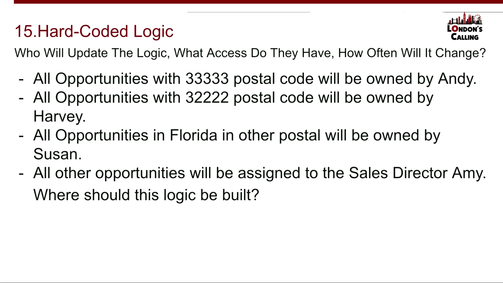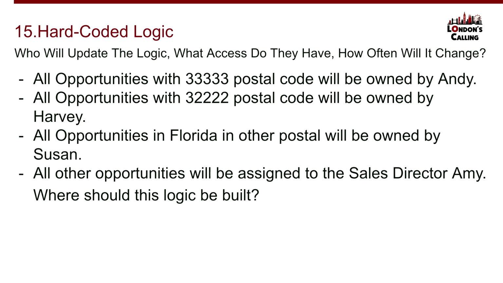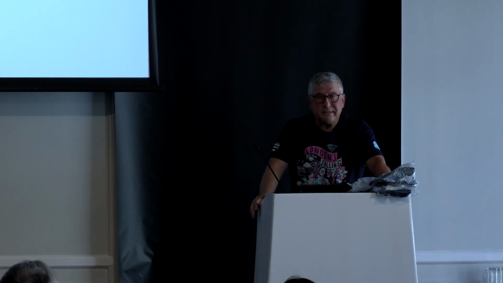Now, this is an important one. Let's have a discussion on this one. Sometimes you have logic that can and will be updated quite frequently by some profiles in the org, right? So how many people received use cases, user stories before that says, okay, well, all opportunities with a certain zip code should be owned by Andy, all other opportunities with this other zip code should be owned by Harvey, and all opportunities in Florida, if not in this zip list, then they should be owned by Susan, who's the manager, and so on.